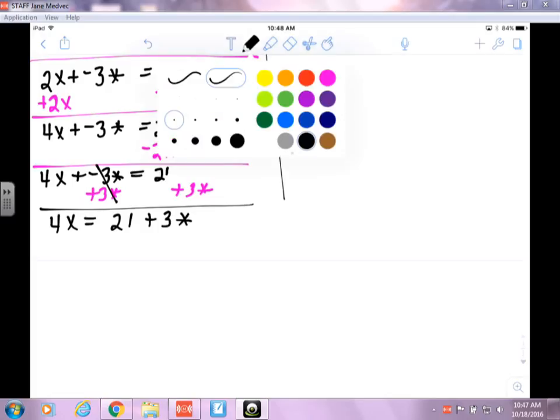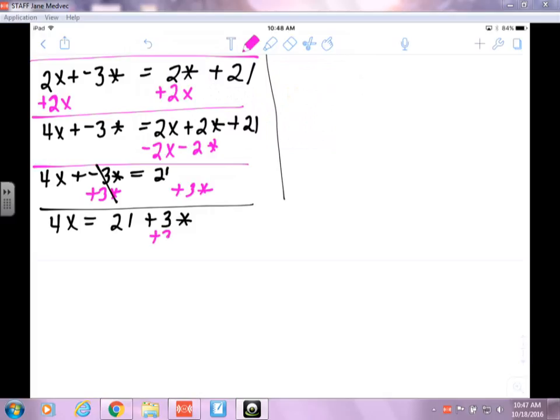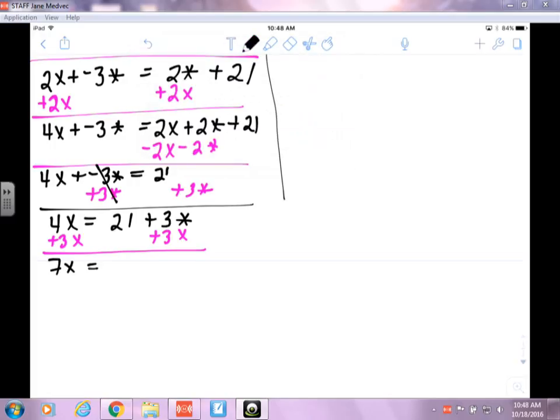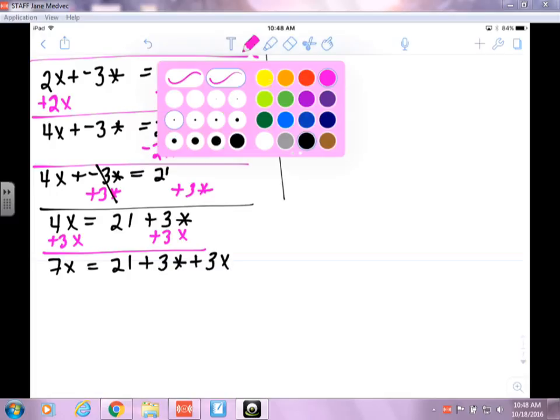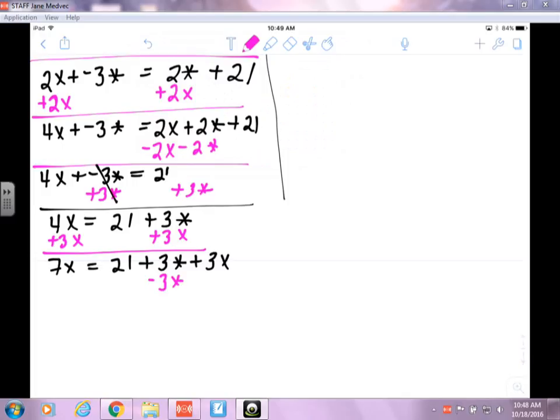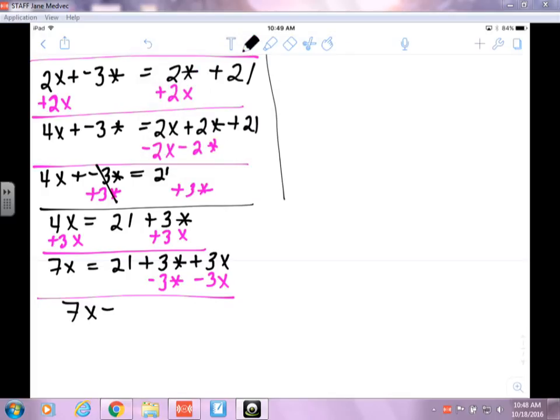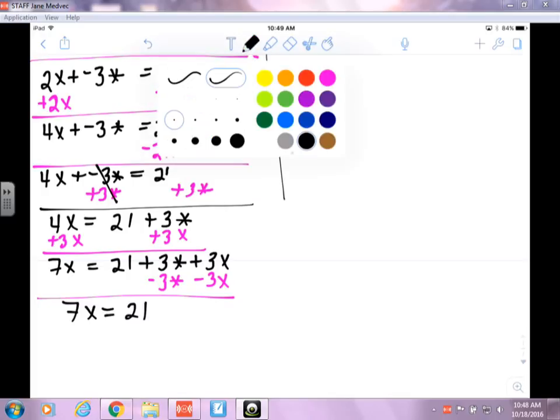Okay, now I'm going to add 3x. So 7x equals 21 plus 3 star plus 3x. Now these explode. 7x equals 21, and now I divide.